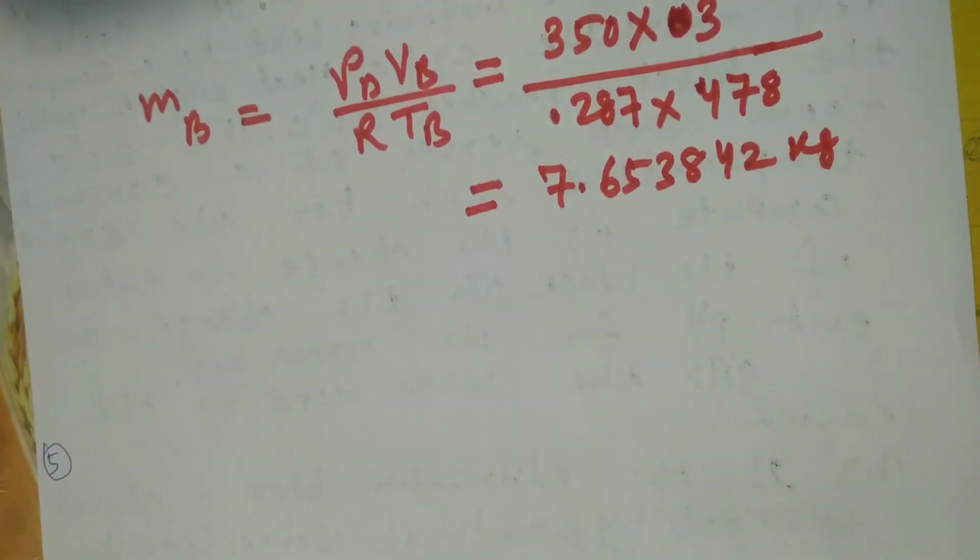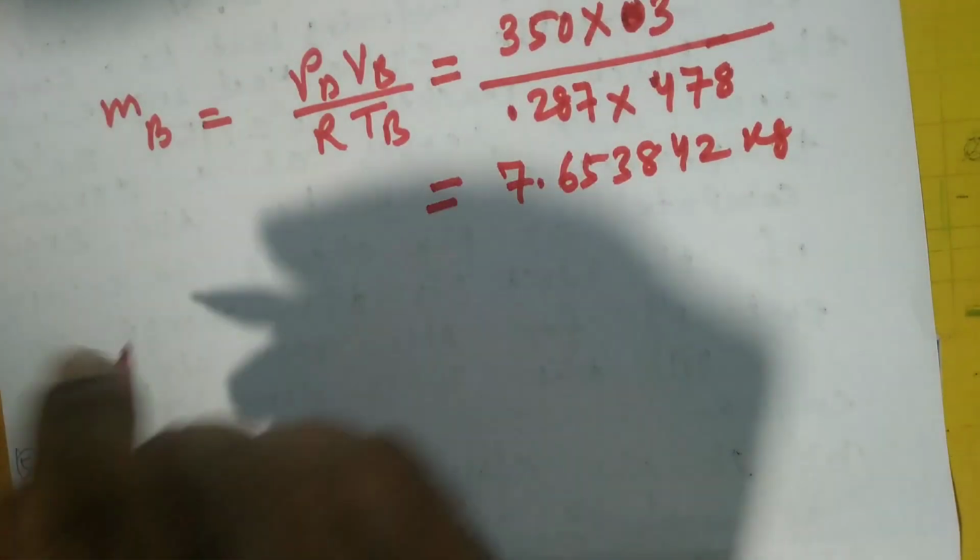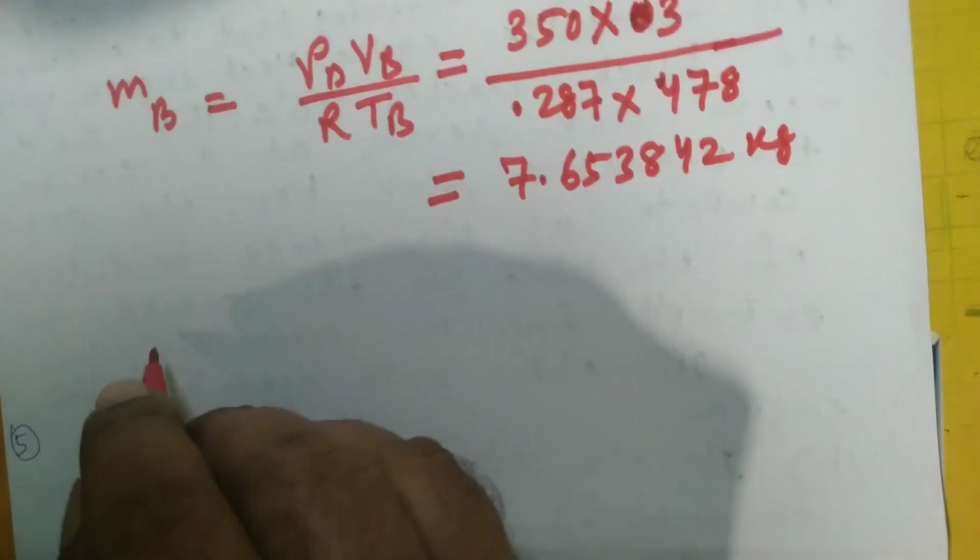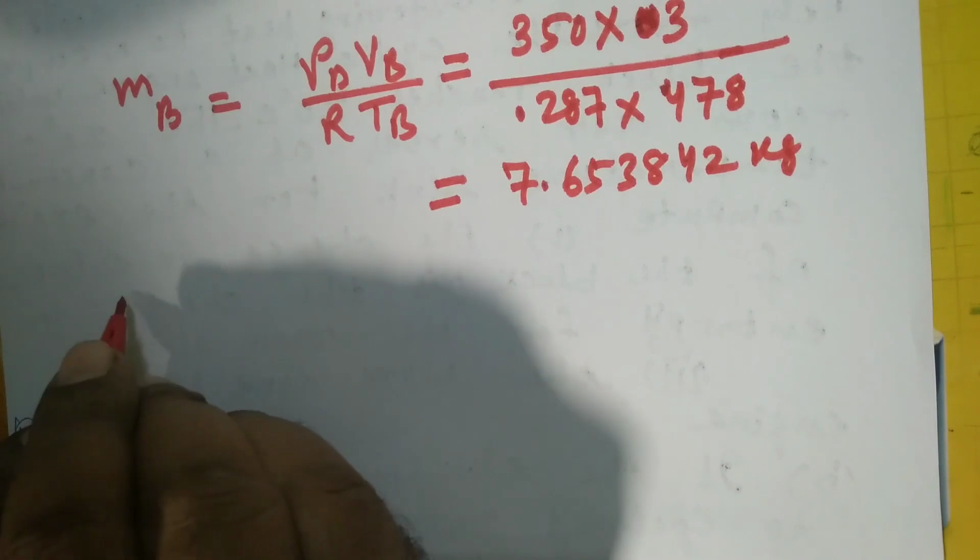So now, putting these values of MA and MB in the equation that we obtained, we can get the value of TF, the final equilibrium temperature.